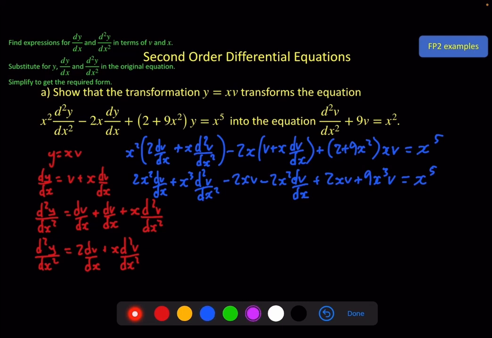Now, fortunately, a few of these things cancel out. They're gone, and these are gone, and we get left with x cubed d2v by dx squared plus 9x cubed v equals x to the power 5, and then dividing everything by x cubed gives us our required result.